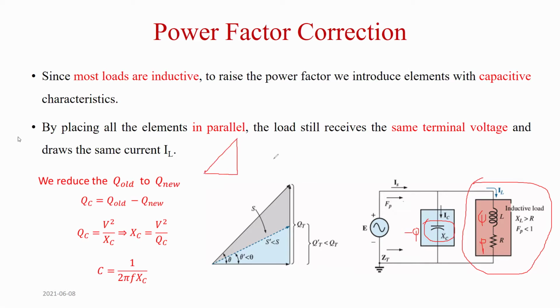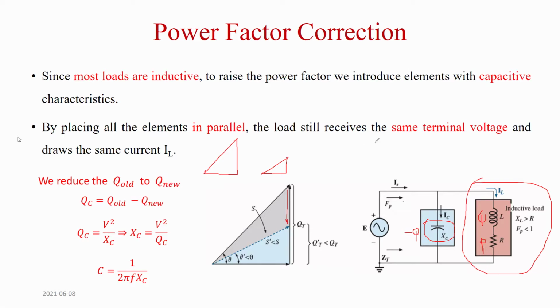When I get negative Q, I'm going to reduce the total Q. When we add the capacitor, we're going to reduce Q. That means we're going to reduce S as well. So we're going to reduce Q from the old one to the new one.